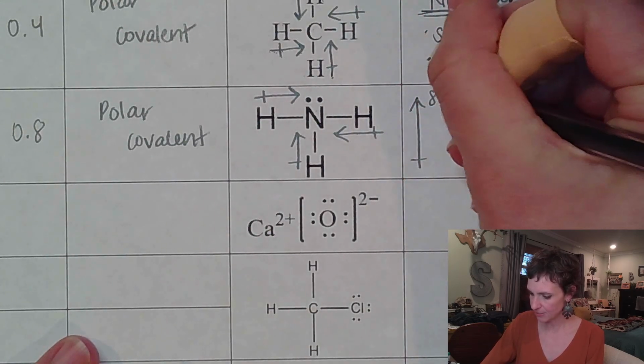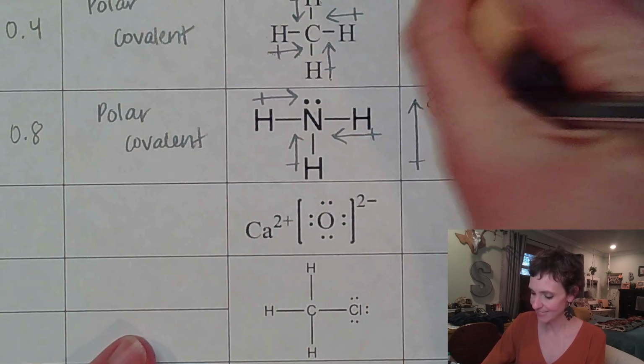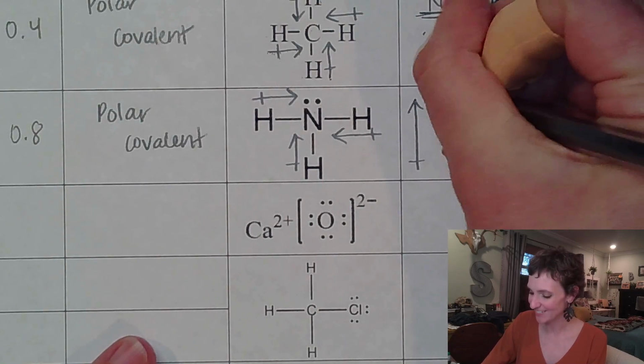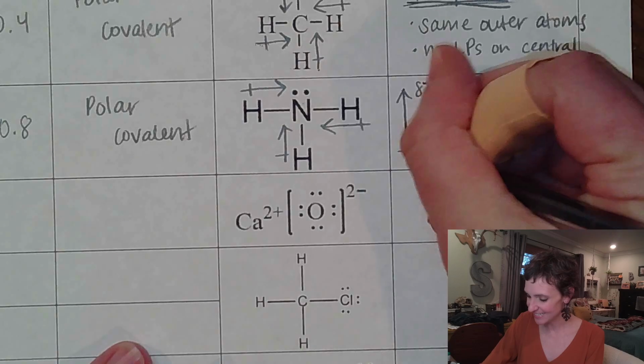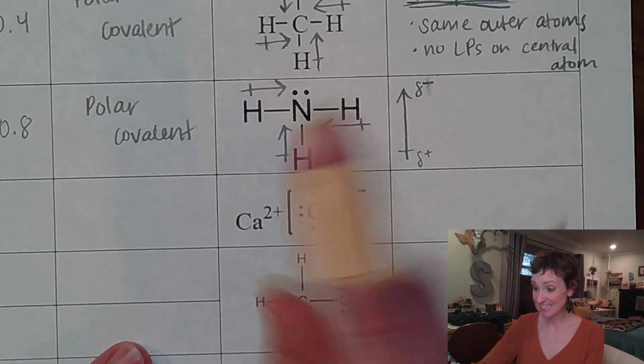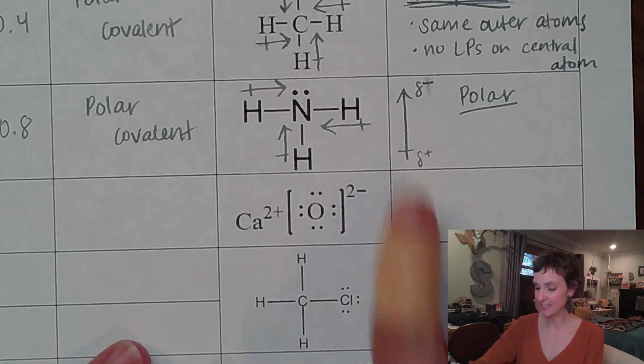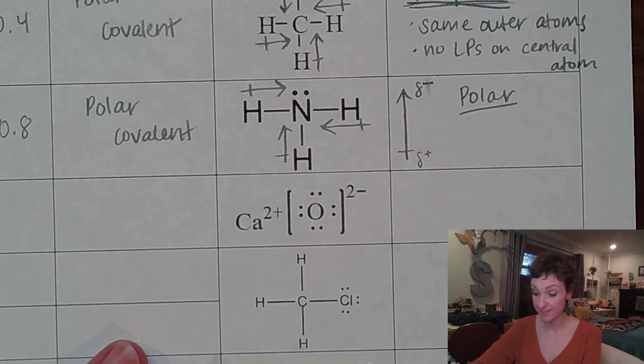To where this is the partial. That does look like an 8. That should be the delta. And it made me mess up thinking about how terrible my delta symbol looked. That's the partial negative charge going up there. And then this is the partial positive charge going there. Yes? Okay. But as we can see, this is a polar molecule because of this net dipole that I was able to visualize and able to draw on here.